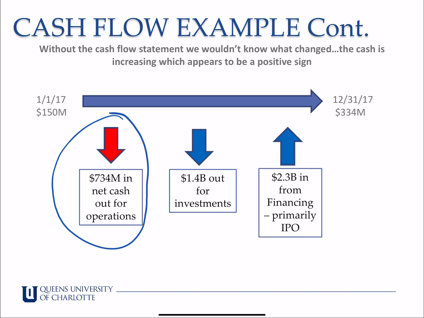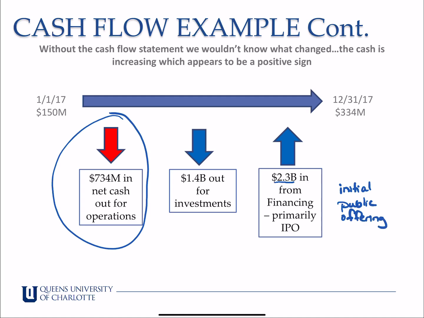So you might say, well, how can they do that? Did they overdraw their account? Well, what they did, and it's really these 2 things combined, is they got $2.3 billion in from something called an IPO. It stands for Initial Public Offering, and it's what companies do when they sell their stock to the public. So people like you and me bought their stock, right?